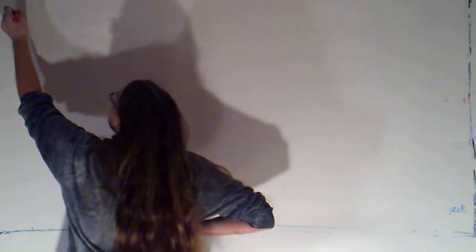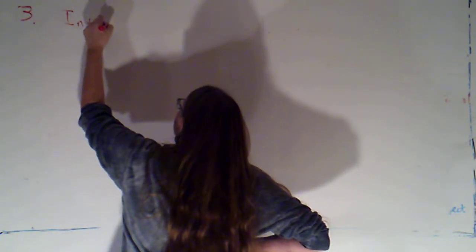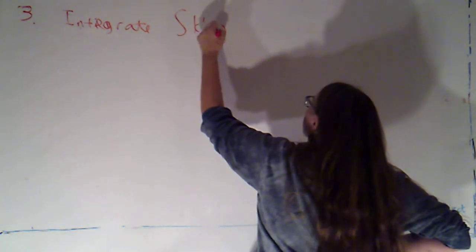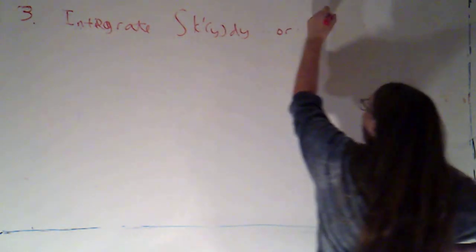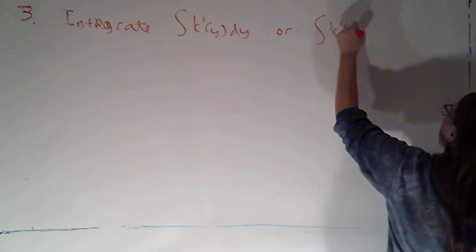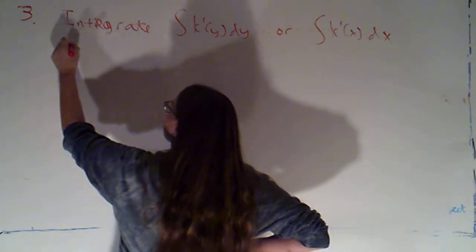So, step 3, I'm going to integrate k prime of y dy, or if I had started with q so that I had a k prime of x, I'd integrate that with respect to x and put the pieces together to get f.